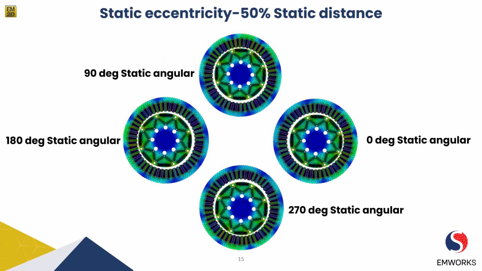Next, let us look at the effect of static eccentricity on the different angular positions or locations of the rotor with respect to the stator. Here we have a few key angular positions such as at 0 degrees, 90 degrees, 180 degrees, and 270 degrees.